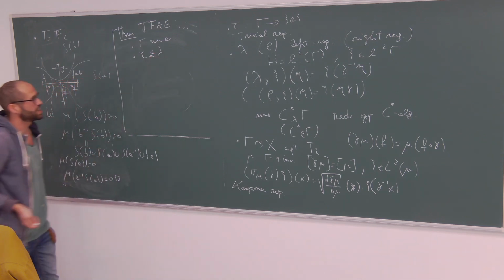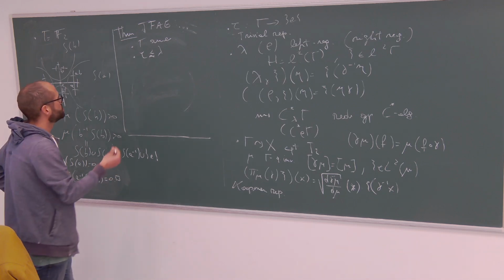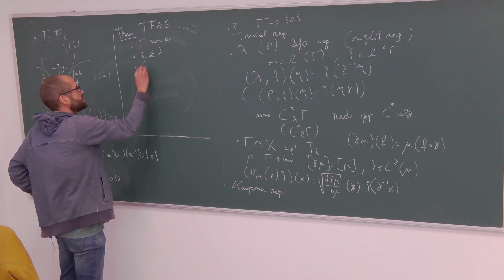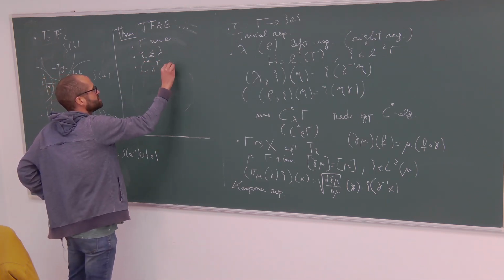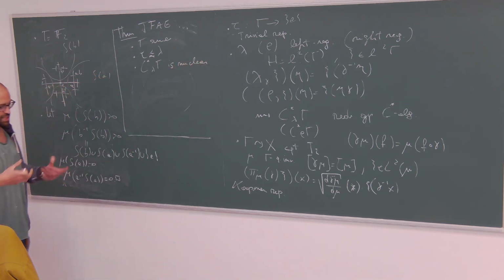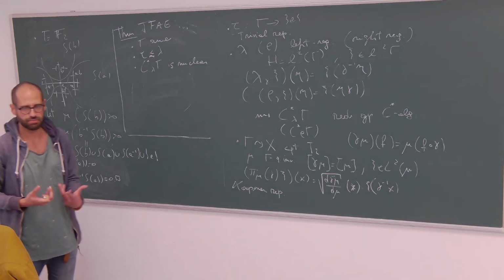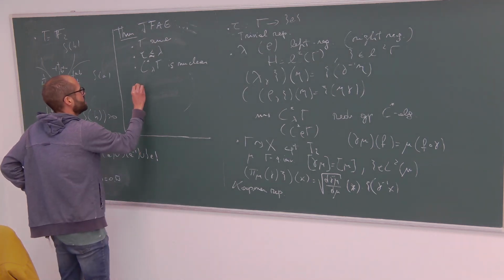I don't want to say explicitly what it means, but it's a weakening of the concept of containing. And the reduced group C-star algebra is nuclear, and this means that in some sense it can be approximated by finite dimensional algebras.